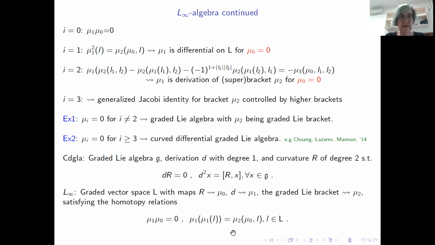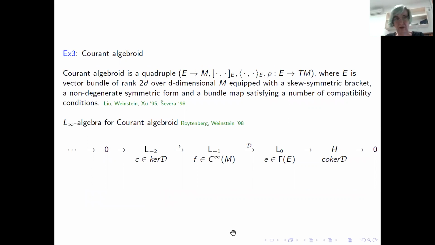My favorite example, though, obviously, is the Courant algebroid, because I learned half of this stuff working with Courant algebroids. So a Courant algebroid is a quadruple: a vector bundle of rank 2d over a d-dimensional manifold M, equipped with a skew-symmetric bracket.